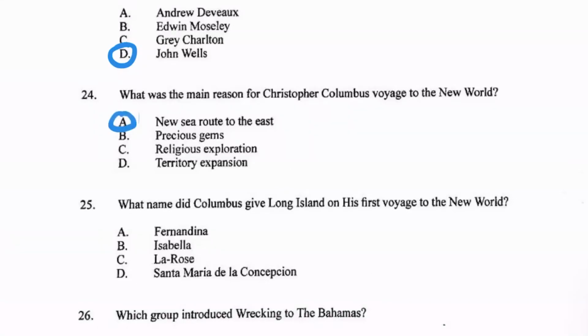Christopher Columbus himself wanted to find another route to the east, one that wasn't being used. He wanted to find a new route because he thought that if he went west, he would just automatically end up east. And that was his reason. He wanted to explore. But these three other things, that wasn't his reason for leaving, but it was a side effect of his voyage.